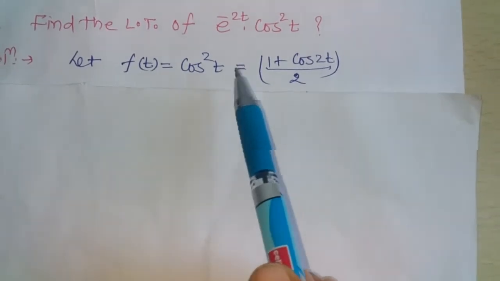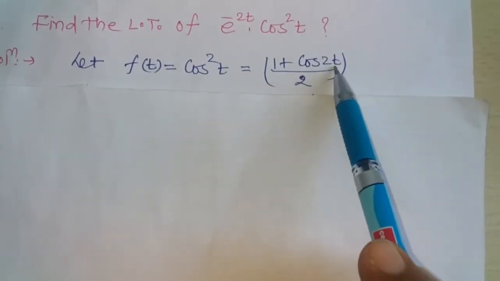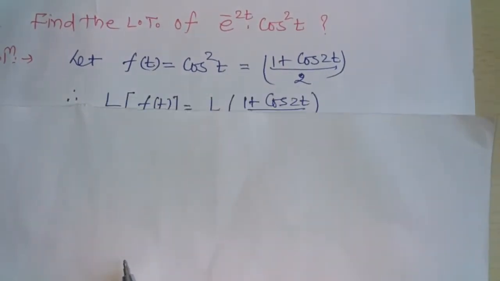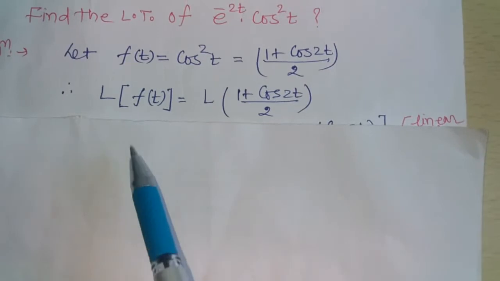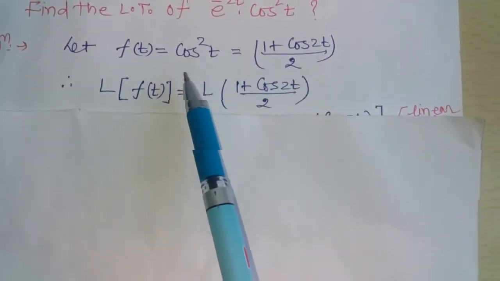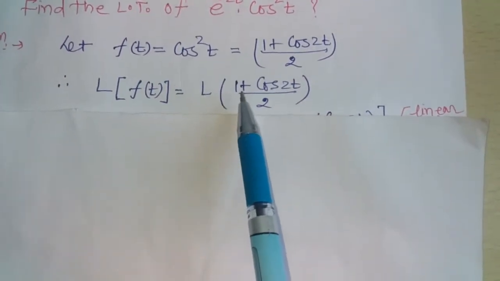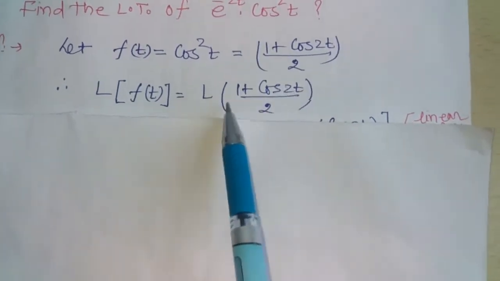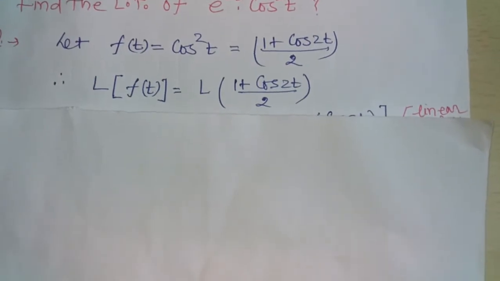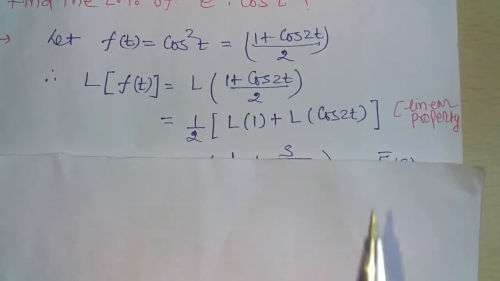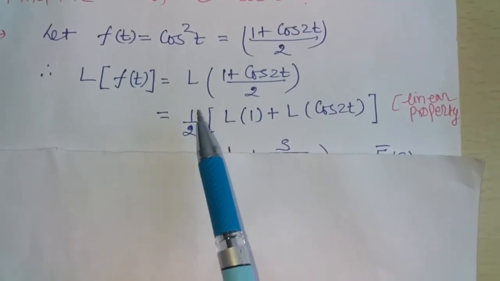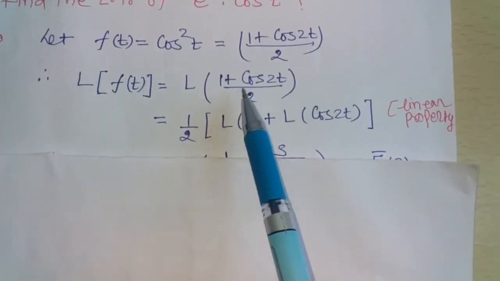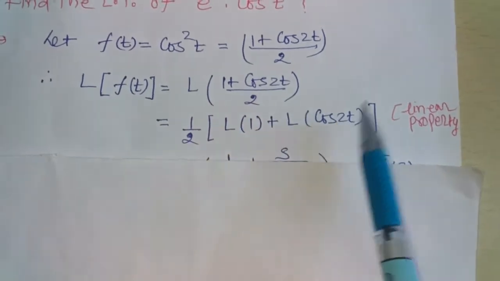Cos square t is (1 plus cos 2t) by 2. Therefore, Laplace transform of f(t), that is Laplace transform of cos square t, is Laplace transform of (1 plus cos 2t) by 2. Now apply the linear property here. This is equal to 1 by 2 constant multiple, Laplace transform of 1 plus Laplace transform of cos 2t.